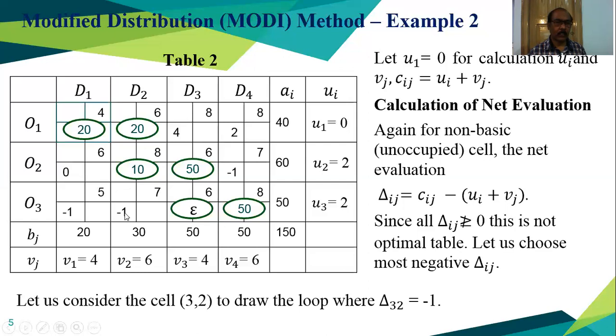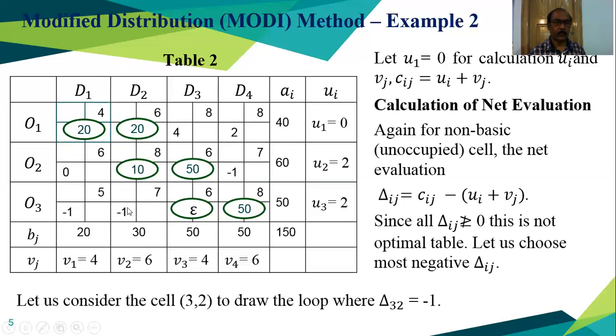We can consider this also for forming the loop. We can consider this also, like this way, forming a loop. We can choose any one. We can choose this also. This way. No, not this way. This is the loop they can form if we consider this.